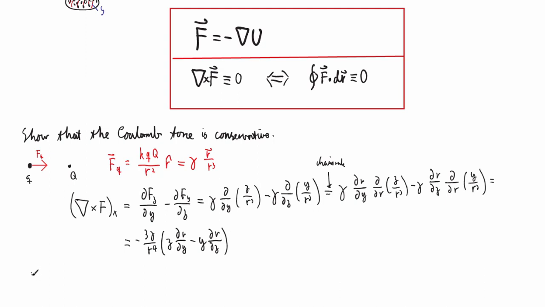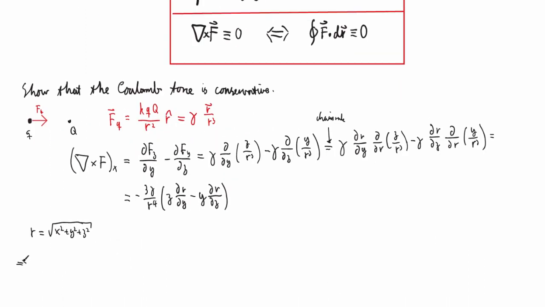Now we know that r is given by this. And similarly, this then gives this.